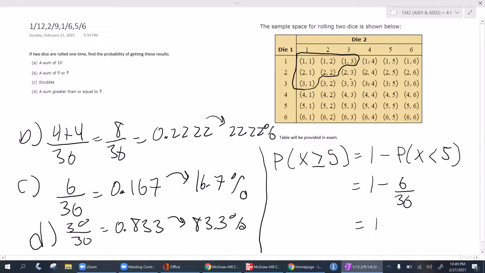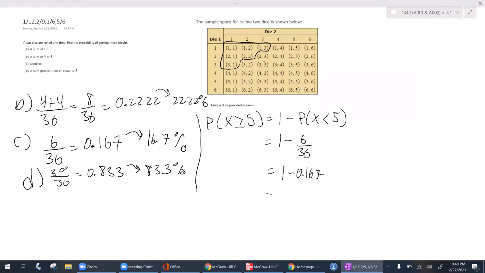So this is 1 minus 0.167, that is 0.833 or 83.3%. We solved it the other way, where it was 30 over 36, and that's what it gave us. So different approaches, and these approaches come in very handy, especially during exams or whenever you're dealing with very large data. So let's continue to the next problem.